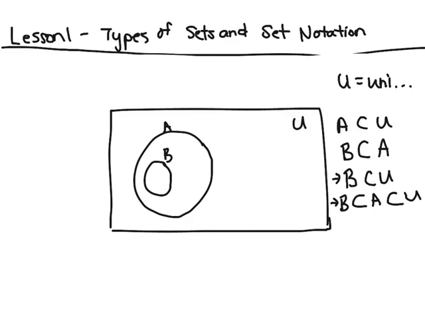And everything that is not within the circles, but is within U, would be A prime. Either it's A and it's inside the circle, or it's A prime and it's outside of the circle. And remember that these two are called complement sets. So you can use Venn diagrams to express any sets of numbers.